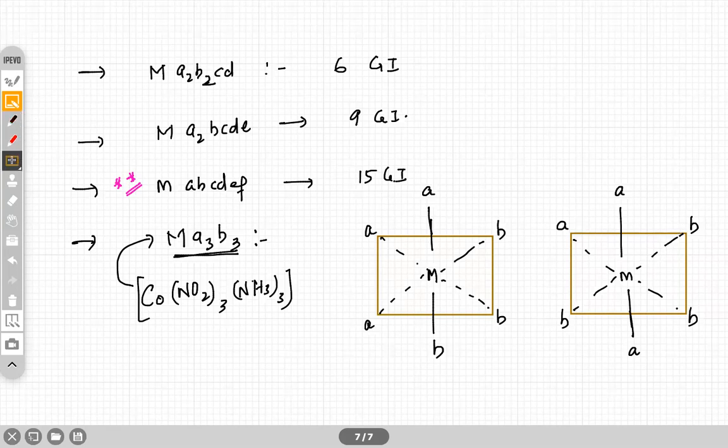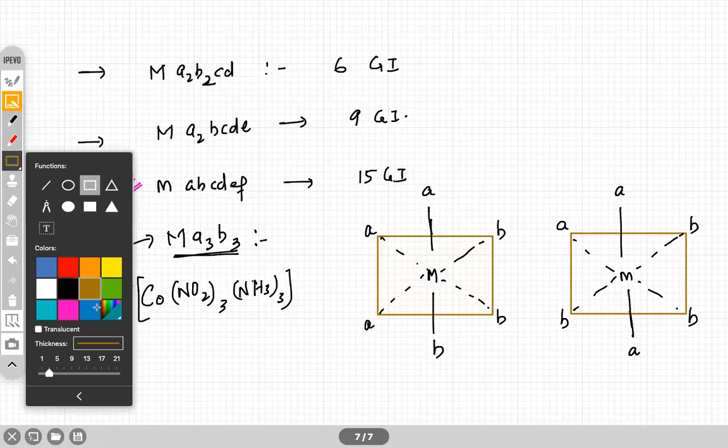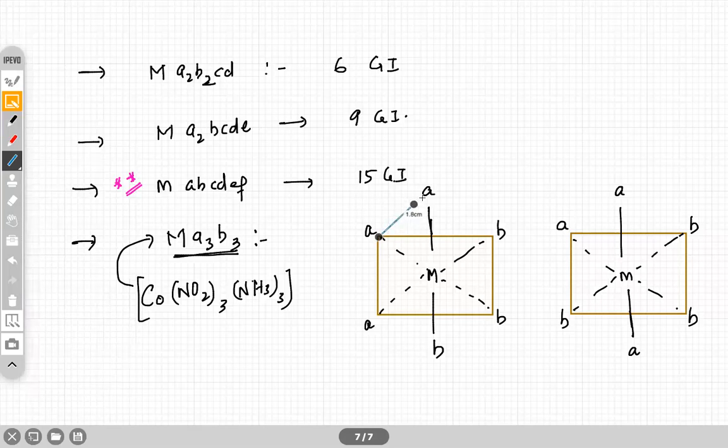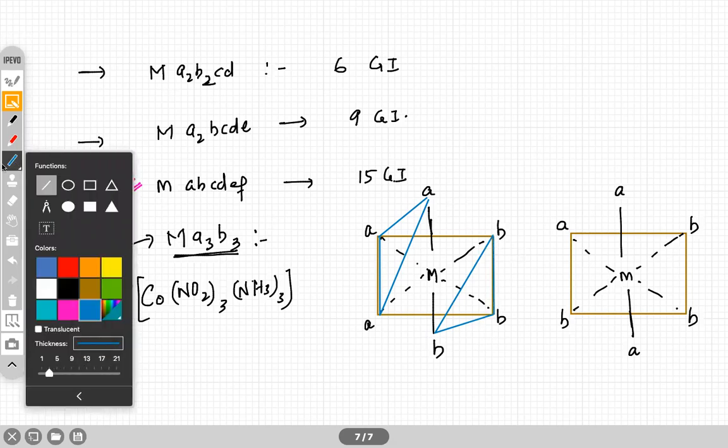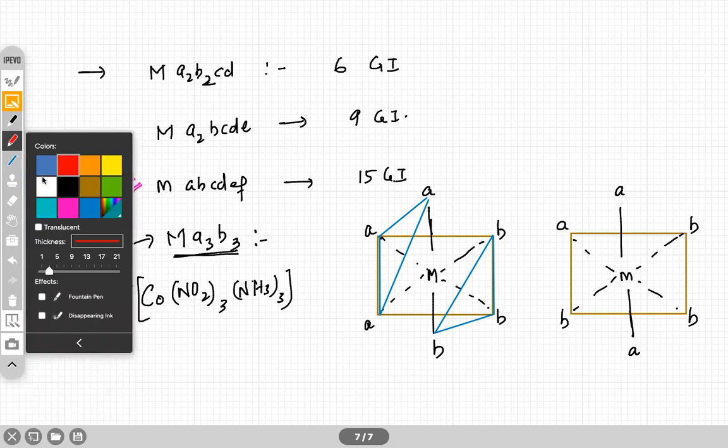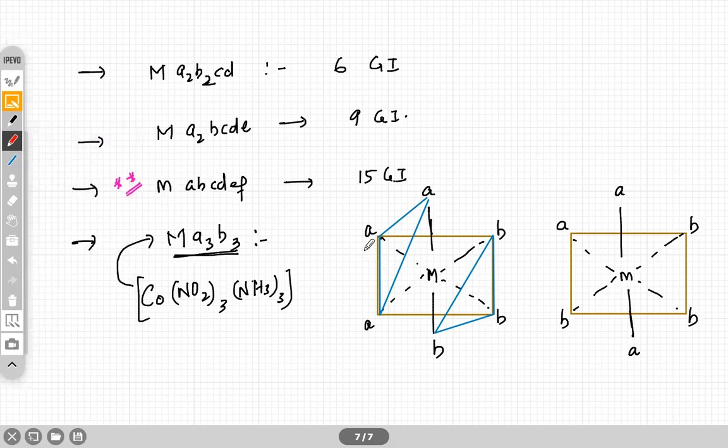So this molecule you see, okay, this looks like the face of a triangle here. See this?